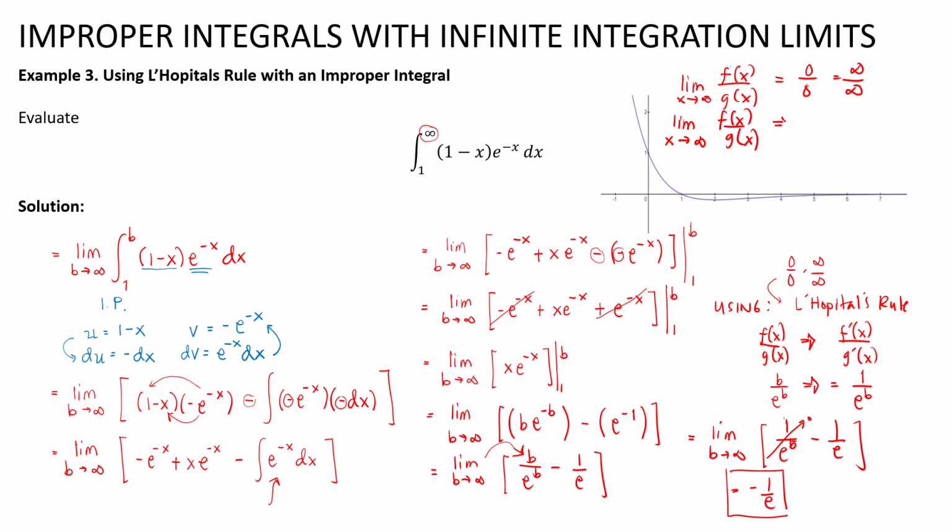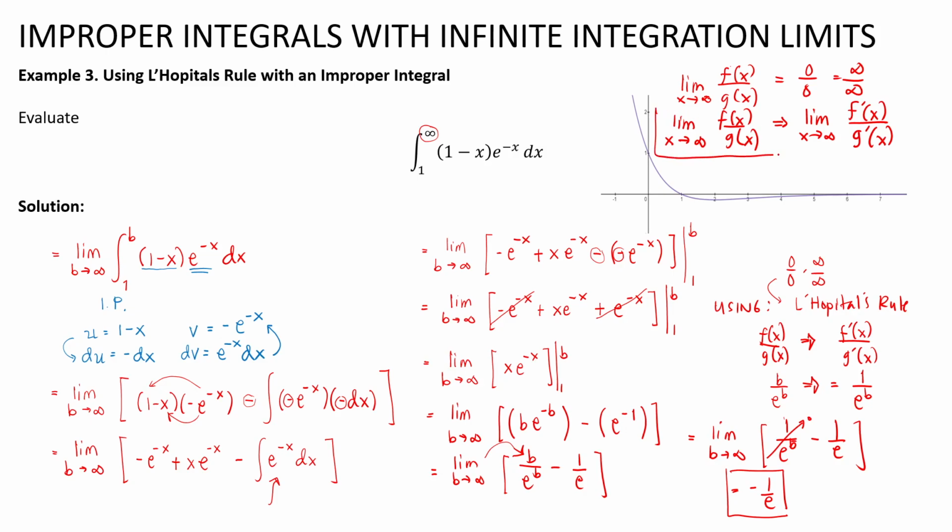The formula is the limit as x approaches infinity of the derivative of f of x over the derivative of g of x. In simple terms, you differentiate the numerator and then the denominator.